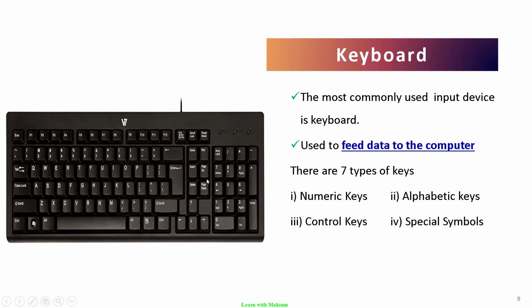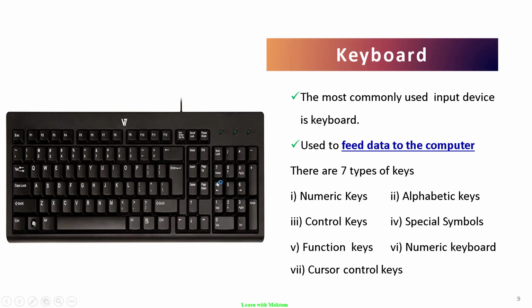Then special symbols. You can see on the numeric keys itself there are some special symbols, and here also some of the special symbols are there. Then function keys you can see on top here, F1 to F12, these are called function keys. Then numeric keyboard is here.